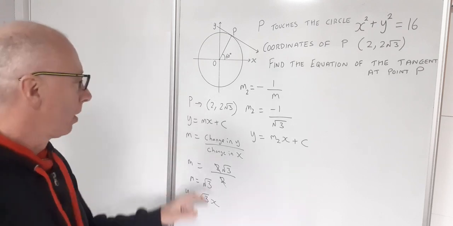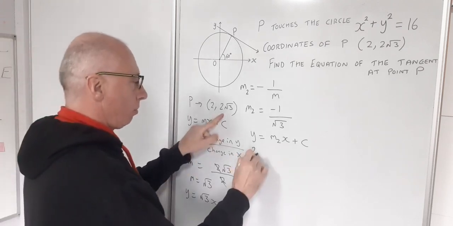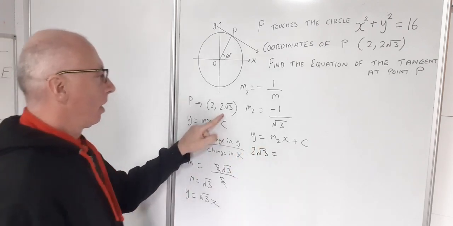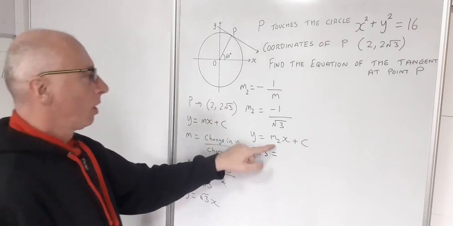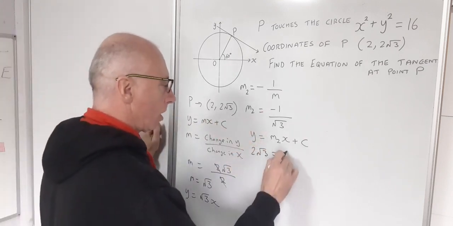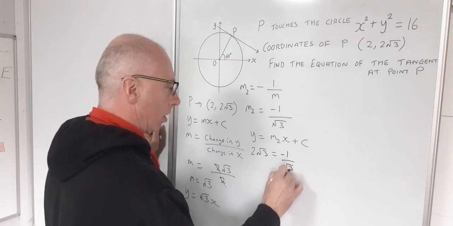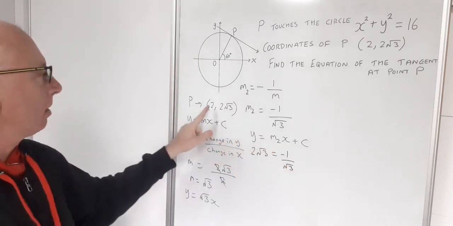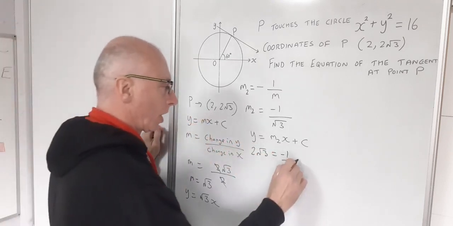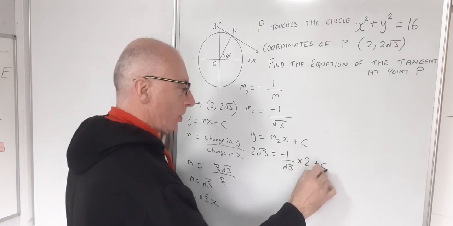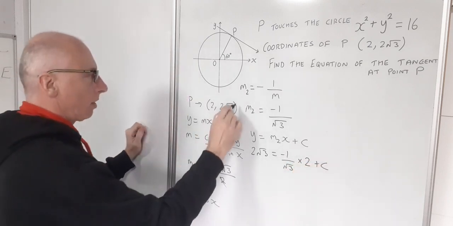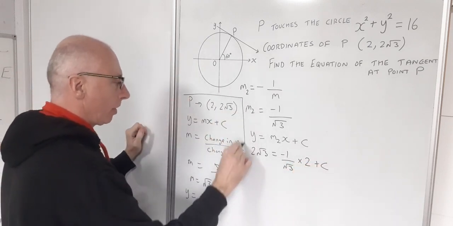So let's see what happens. So we've got 2 root 3 equals m2, which is minus 1 over root 3, and then times our x, which is 2, and then that's plus c. Okay, let's just keep these calculations separate on this one here.